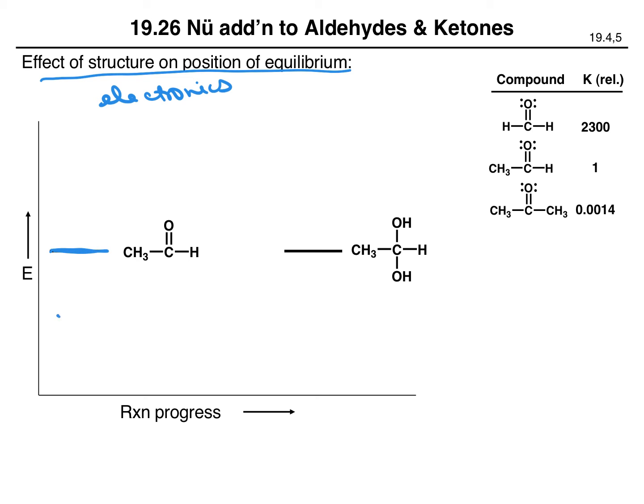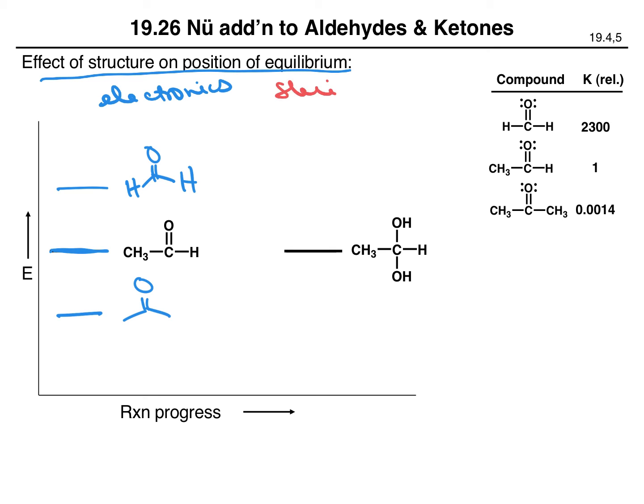We know that acetone is going to be more stable because having two alkyl groups to release electron density is going to help stabilize the partial plus. And we know that formaldehyde is going to be higher in energy because those hydrogens cannot stabilize the partial positive charge, and so that will be higher in energy.